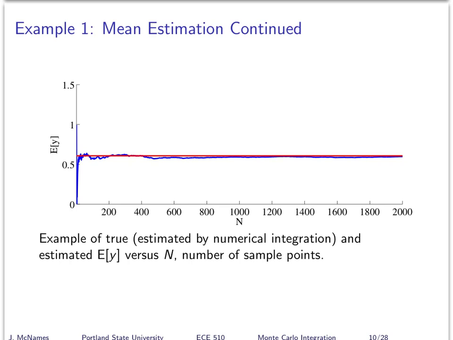You could, but if you're going to generate 4,000 instead of 2,000, that would be equivalent to taking this out to 4,000. They're the same.